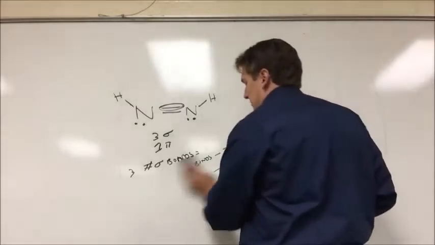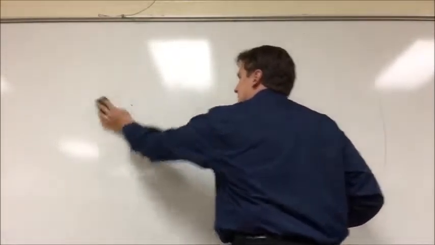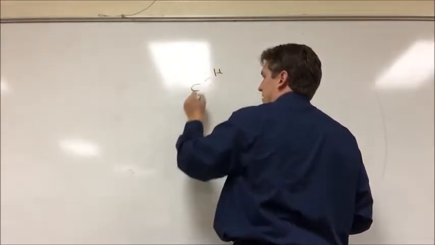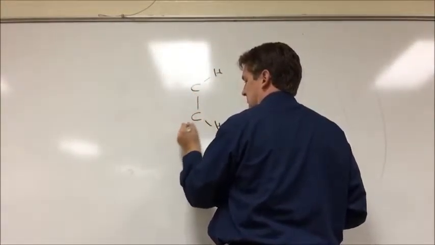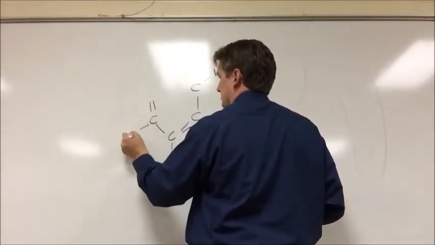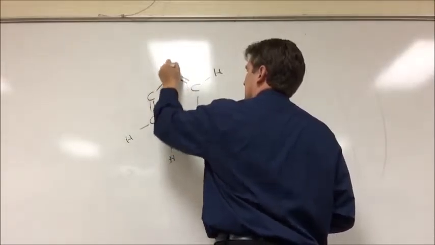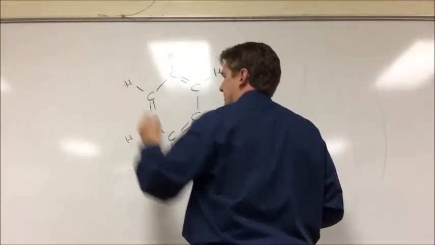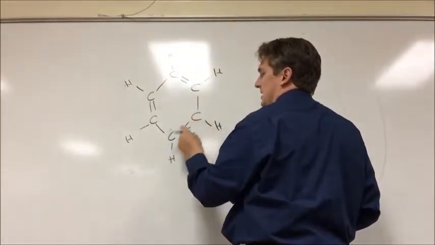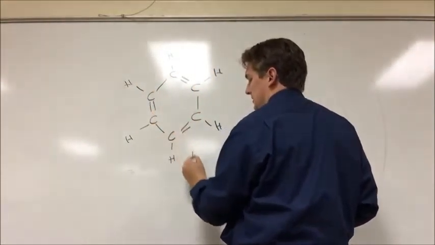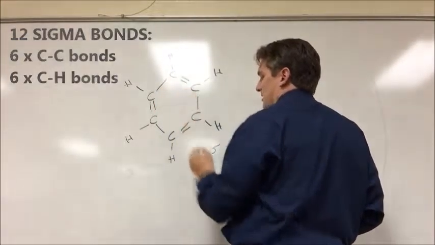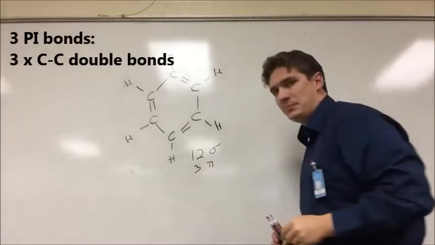How about something a bit more complicated? Look at benzene, C6H6. In this case, we have 1, 2, 3, 4, 5, 6, 7, 8, 9, 10, 11, 12 sigma bonds, and 1, 2, 3 pi bonds.